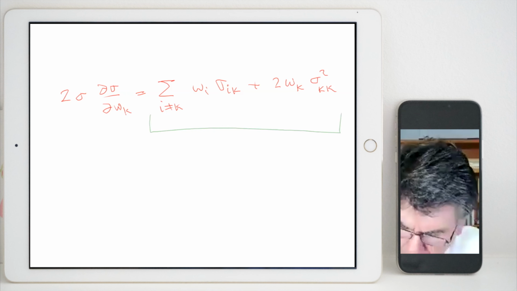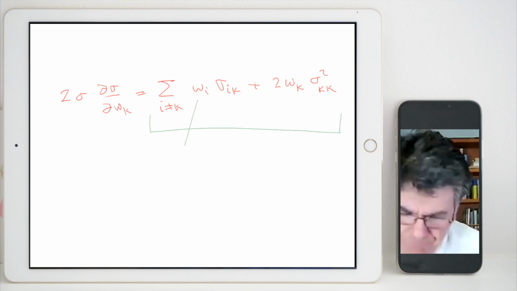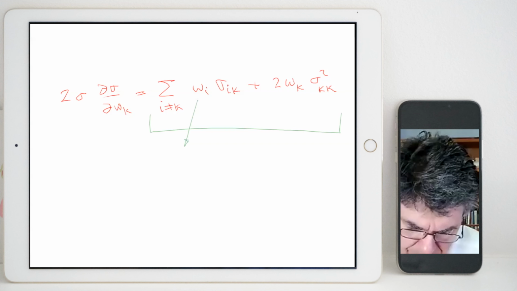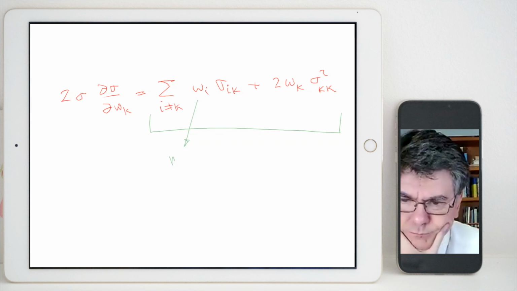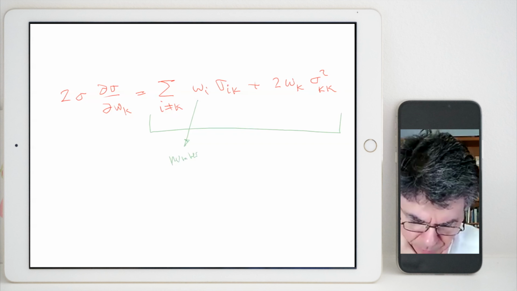If you look at the right hand side, what is this? It's a number. What is this? This is in the matrix.